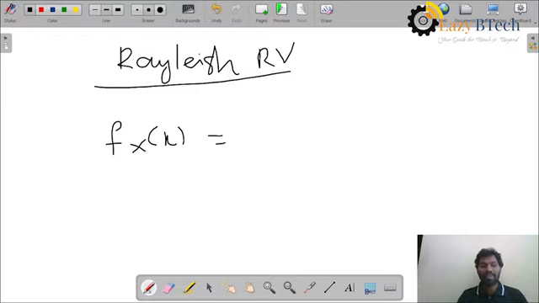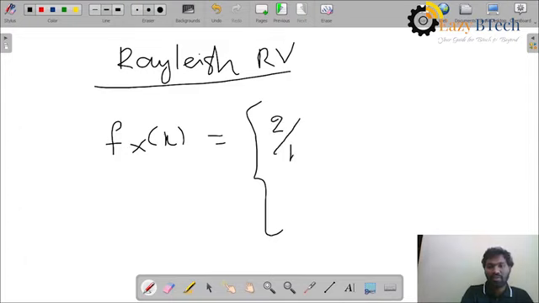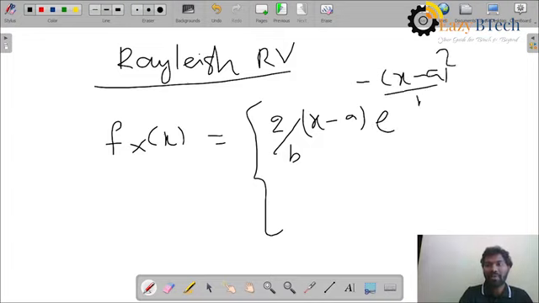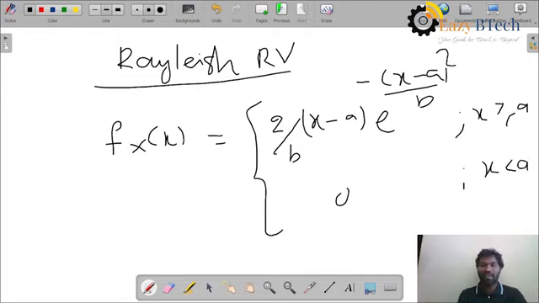The density function of Rayleigh random variable is given by (2/b)(x − a)e^(−(x − a)²/b) for x greater than or equal to a, and 0 for x less than a. So this is the expression for the probability density function of Rayleigh random variable.